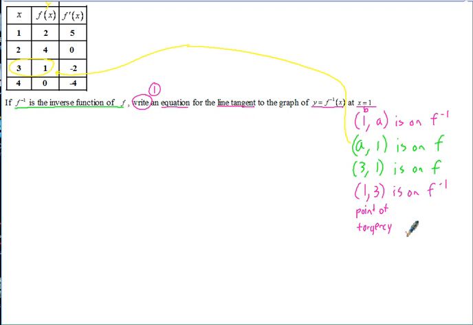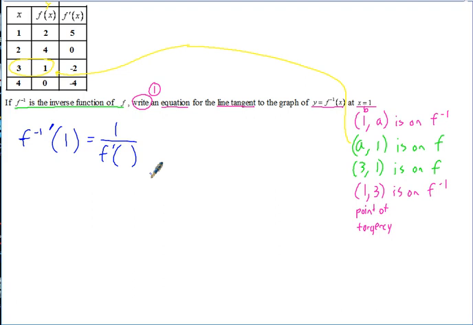Then the next thing we need for the tangent line is the slope. That comes from the derivative. So normally in the formula we write g prime, but there's no g in this problem. So instead we're just writing this. We want the slope, so f prime inverse, and we want the derivative at our point of tangency of 1. And remember, the formula is going to be 1 over f prime of a. Do we know what a is?